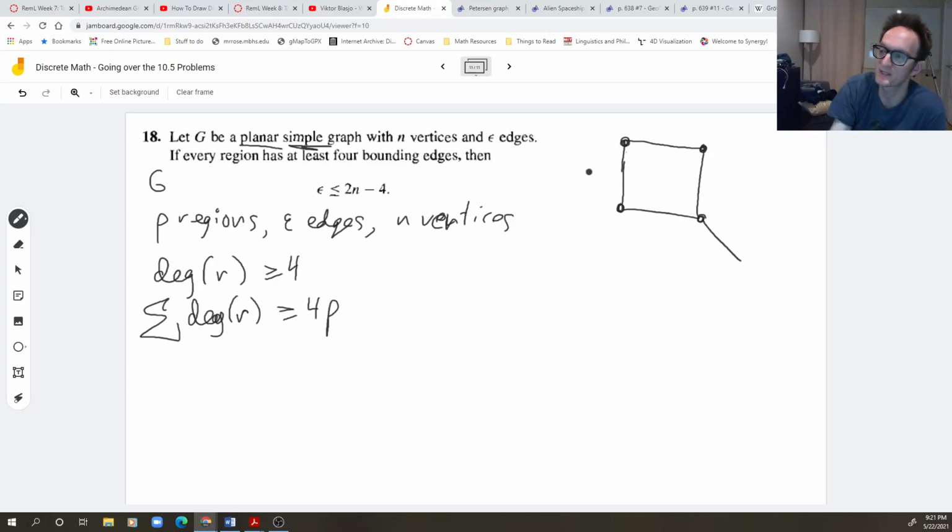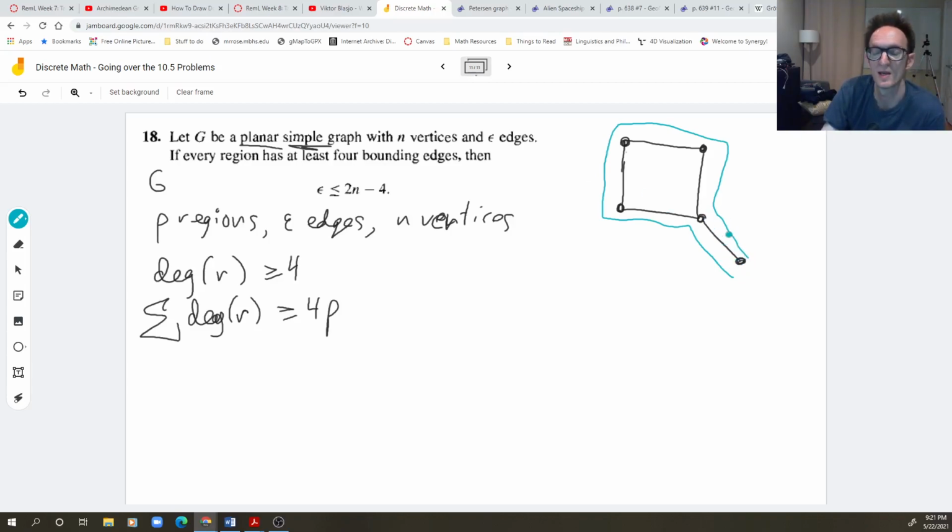Or you have this kind of weird case where you have an edge which juts out into the center of a region, but still it gets counted twice, because we basically force the handshake lemma to be true by defining the degree of a region with an edge sticking out into it this way.